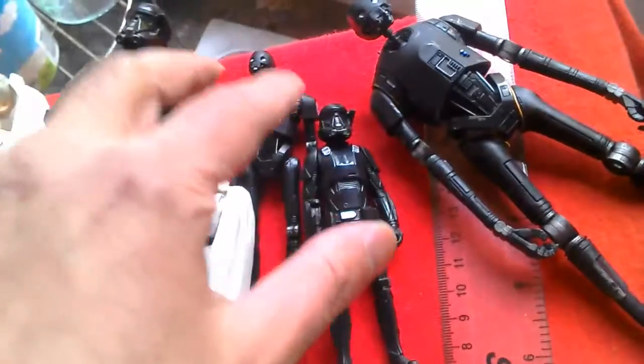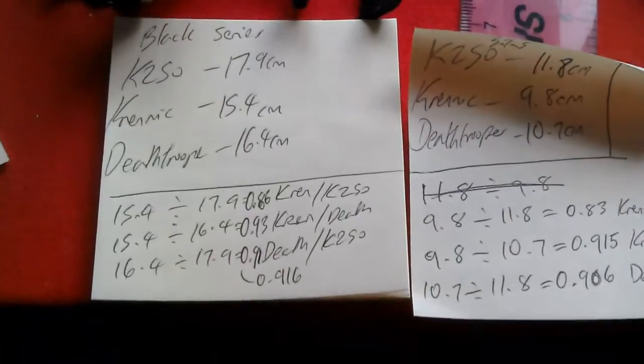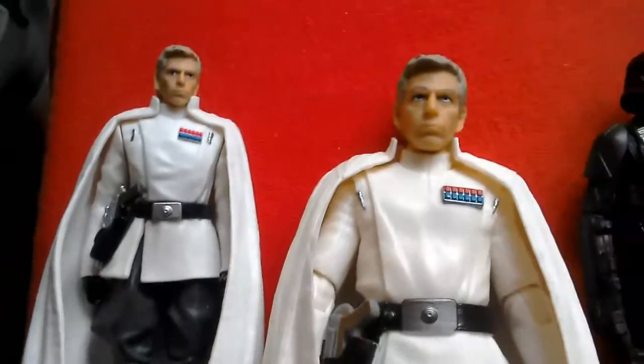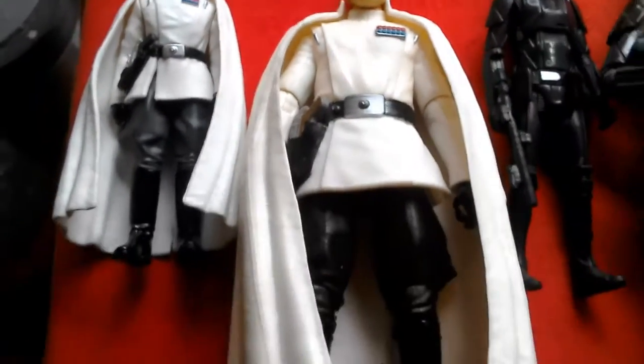So these figures are pretty much in scale, and the 6-inch Black Series figures are pretty much in scale, according to all of this. Okay, so after that interesting experiment and getting a headache, we can look at the figures now.